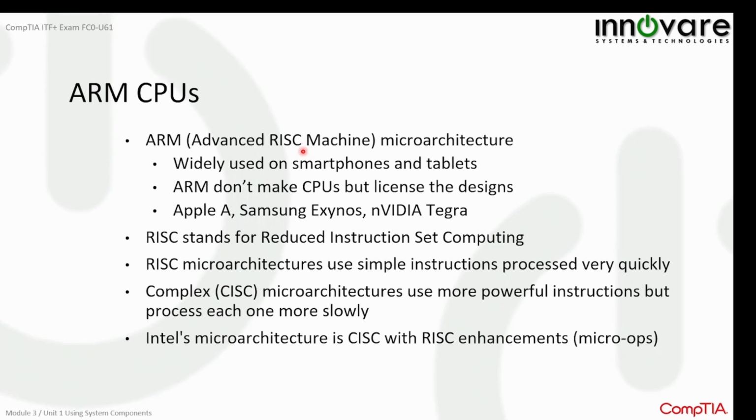And also, actually, it is widely used on smartphones and tablets. Ito yung mga, instead of a CPU itself, instead of a processor, they call it small CPUs or Advanced RISC Machine. And then RISC actually stands for Reduced Instruction Set Computing. That's a type of processor.